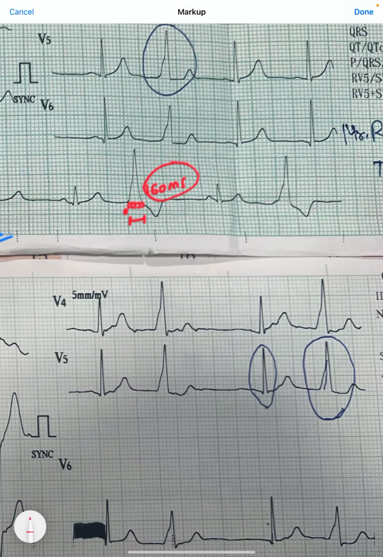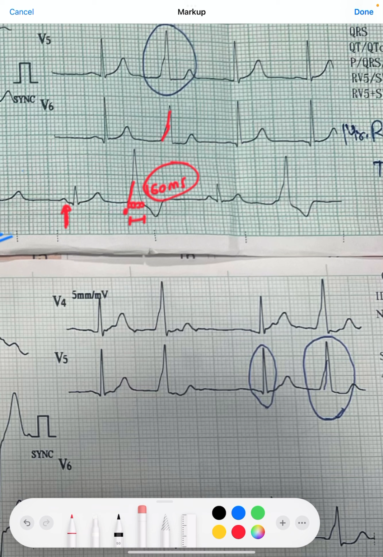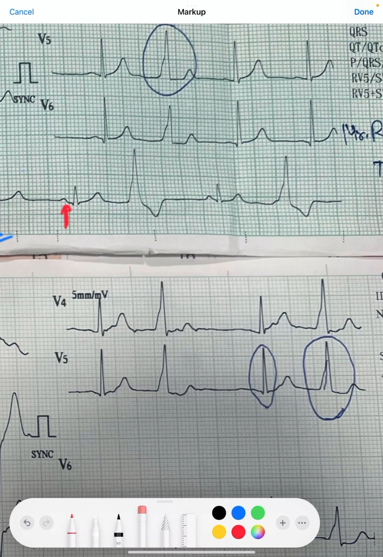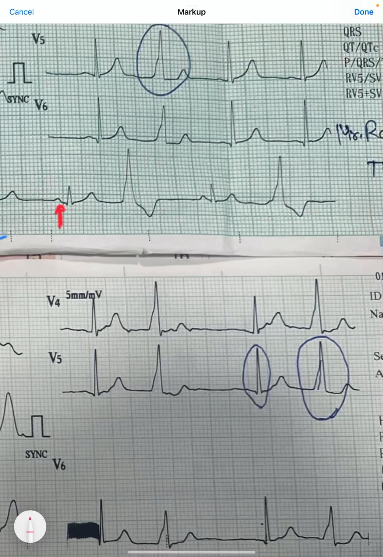There is no P wave. In short, we can very clearly make out that the P wave is not present, and there is a slight and rapid upstroke of the QRS complex, what we call slurring and upstroking of QRS. We can very nicely make this out. There is sudden upsloping, slurring of QRS.